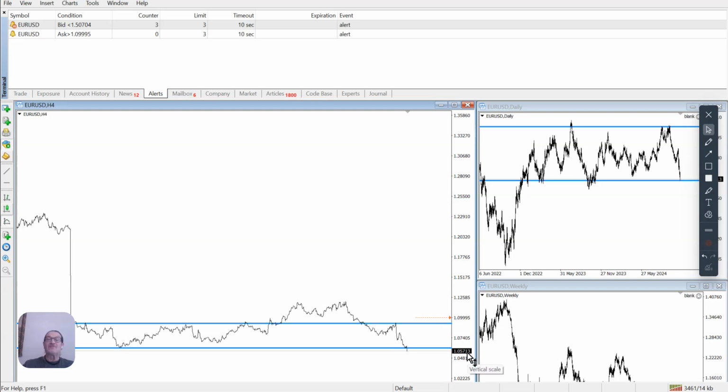Here we have been triggered already, and we are now even below. We could have already entered the sell position and just continue a nice beautiful sell going on all the way from here on down. So that's it.